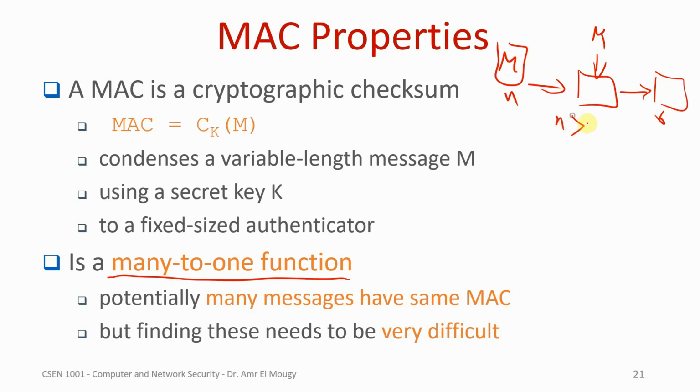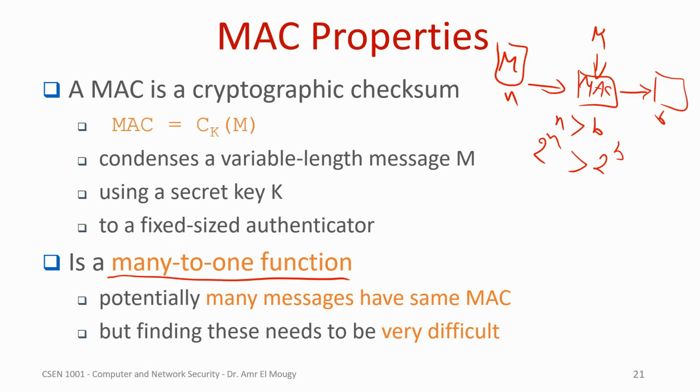Typically, you will have n much greater than b, okay? Meaning that there are 2^n possible combinations, which is greater than 2^b possible combinations, which means that the MAC function is not a one-to-one mapping. It's actually a many-to-one mapping, meaning that there are many combinations of the message that can actually result in the same MAC, okay?